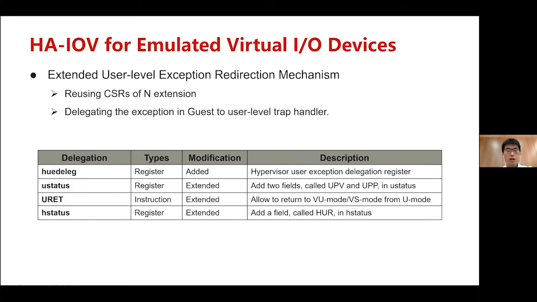The user-level exception handler defined in the extension can only process exceptions in U mode. We here extend the N extension to be able to handle exceptions raised in the guest. First, we added a new CSR, HUE delegate, to allow exceptions raised in the guest to be delegated.